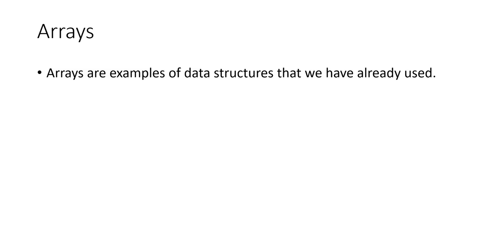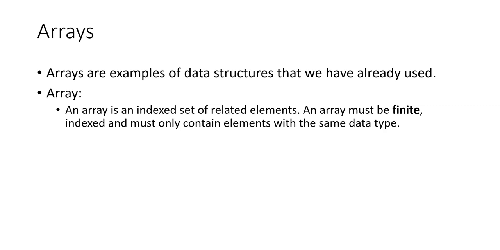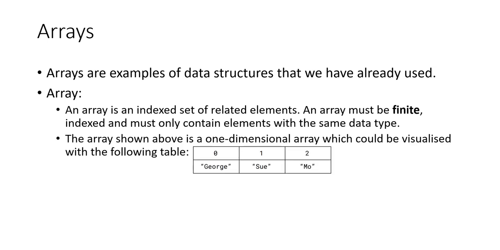A very easy example of a data structure that we've already used is an array. An array is an indexed set of related elements which is finite, so there's a maximum size to this. It's indexed and only contains data of one particular data type.